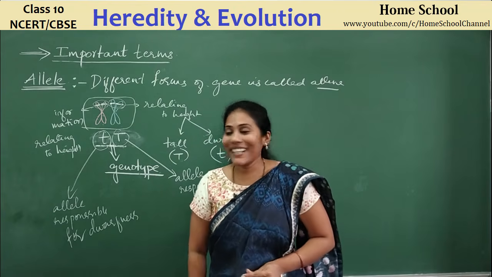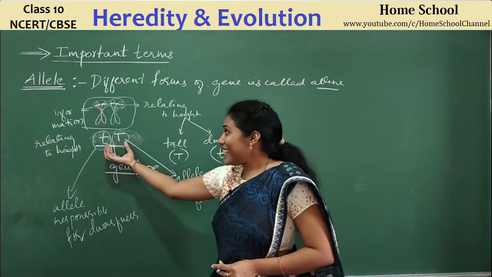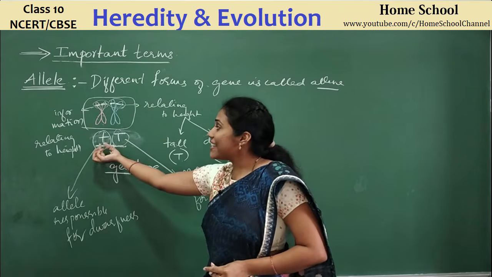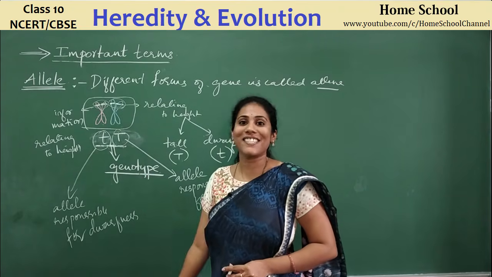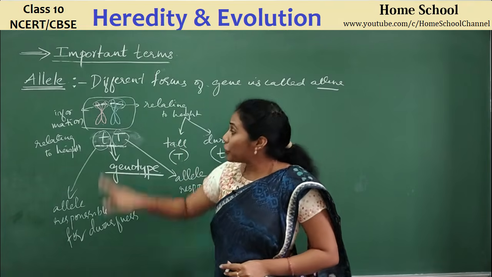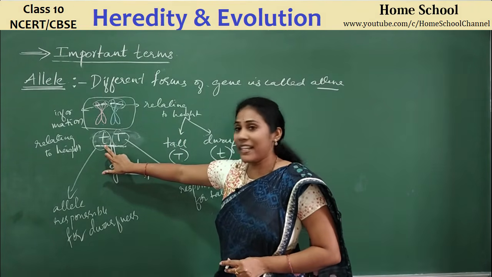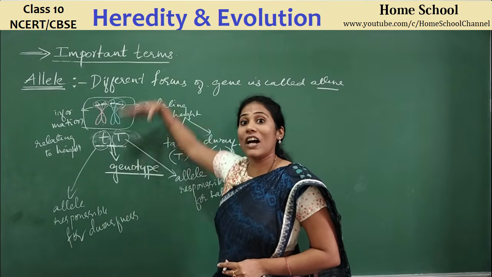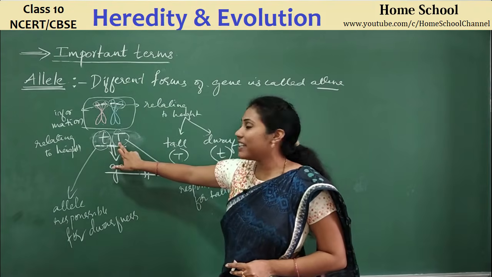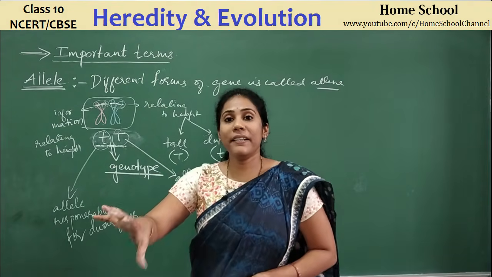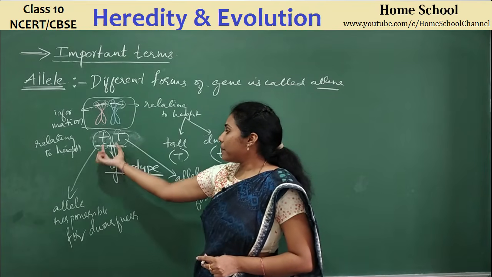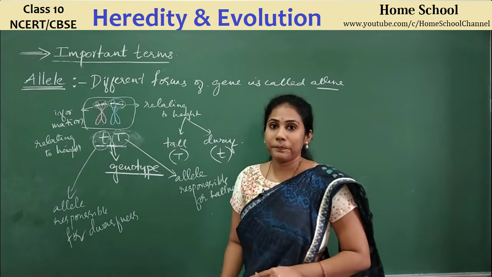Remember, the baby is taller, but does that mean he has only a gene for tallness? No, he also has a gene for dwarfness. Keep this point in mind. Though he has a gene for dwarfness, he is growing as a taller individual because he has a dominant gene here. Capital T is dominant.